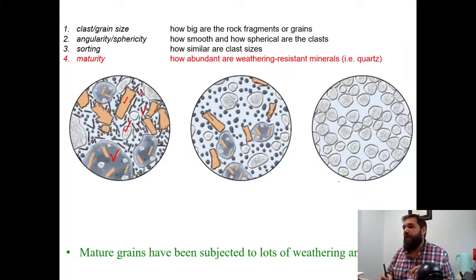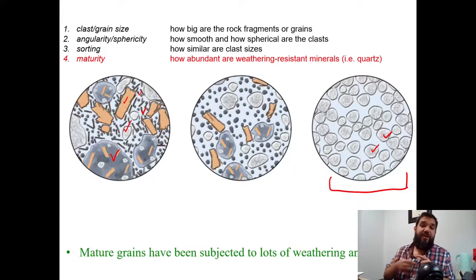When you have a sedimentary clastic rock, and all it has is quartz, or all it has is hematite, or all it has is clay, and all it has are very resistant minerals, that means that it's experienced a lot of transport. All that stuff has been broken down and weathered away.